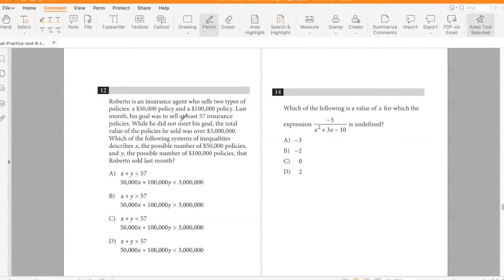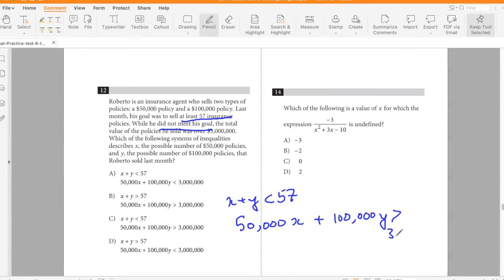So he wanted to sell at least 57, but he did not meet his goal. So that means X plus Y was less than 57. But he made 50,000 on the X policies and 100,000 on the Y policies, and that total was over 3 million. So X plus Y is less than 57, and 50,000X plus 100,000Y is greater than 3 million. So C.